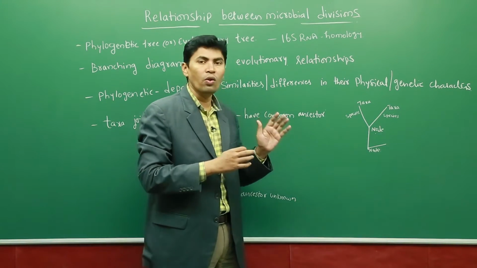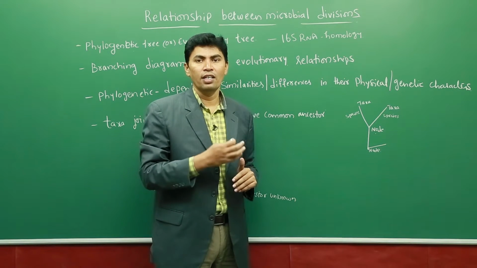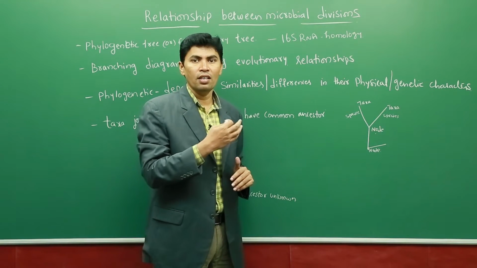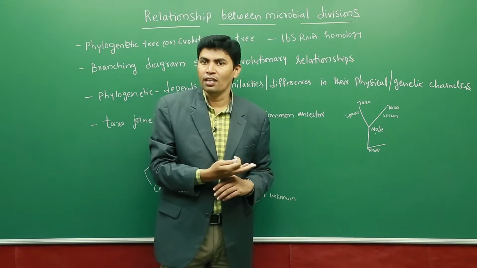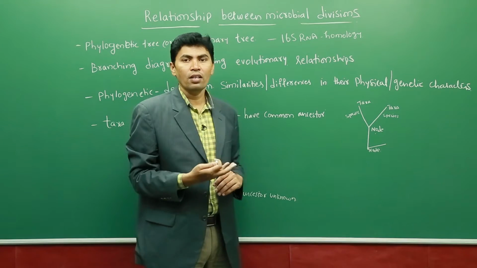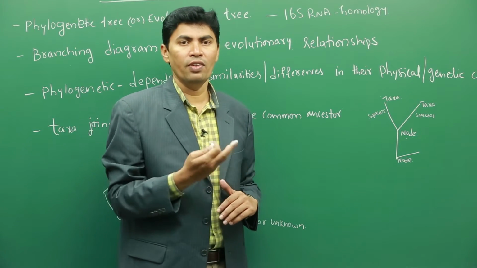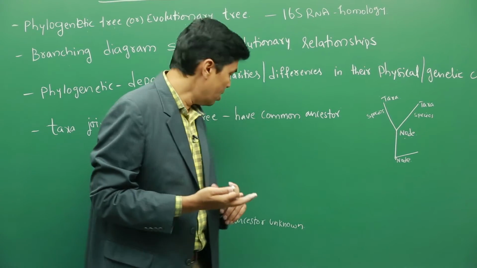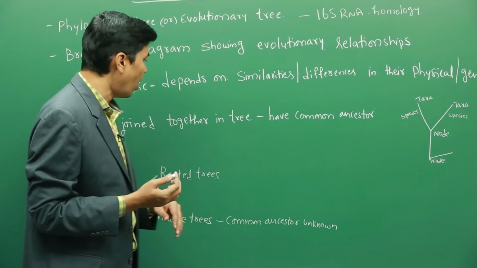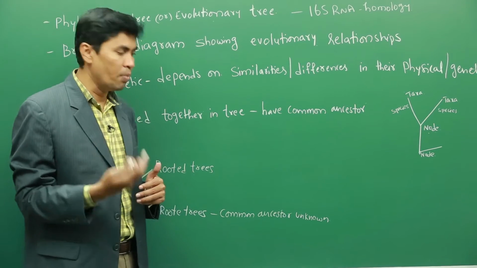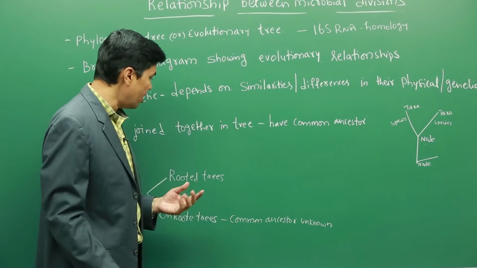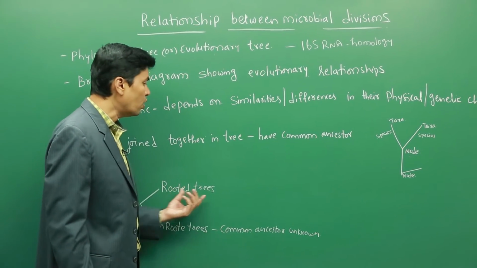That is how you construct the phylogenetic tree, and based on the pattern of this phylogenetic tree, we can know the relationship between the various microbial worlds. Now you can see here that different types of phylogenetic trees can be constructed. Basically we have two types here: rooted trees.